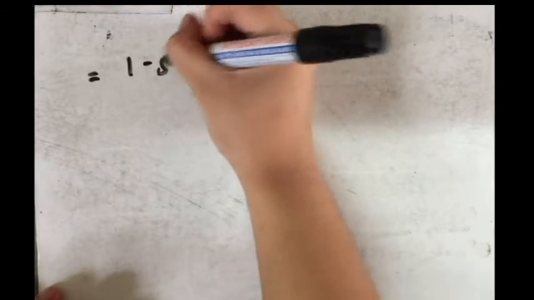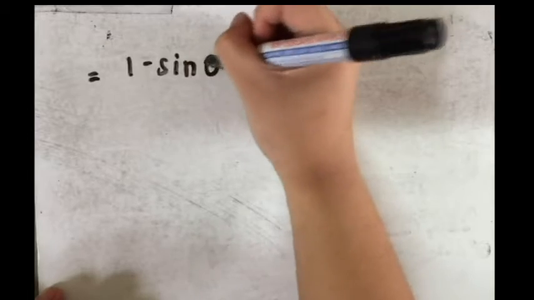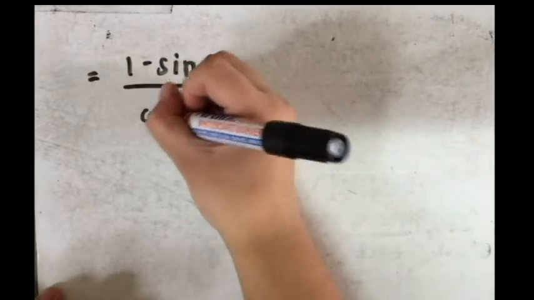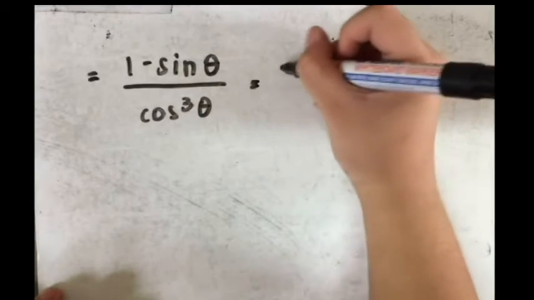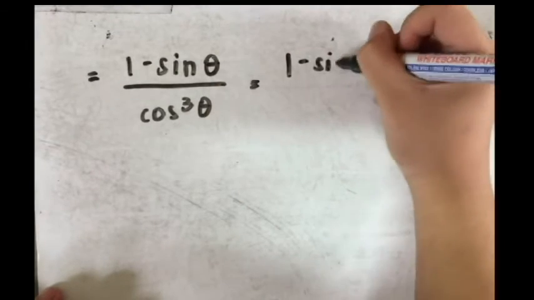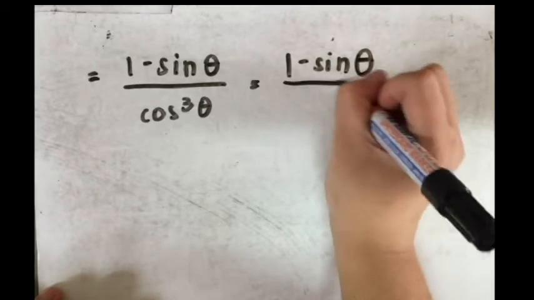The final answer will be 1 minus sin theta over cos cubed theta. We verified it since it is equal to 1 minus sin theta over cos cubed theta.